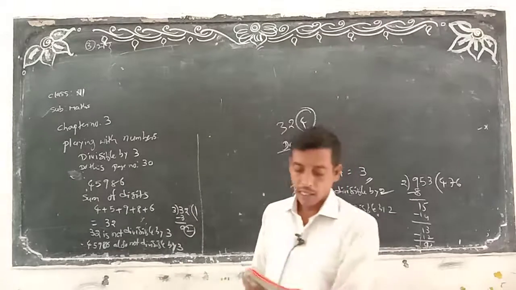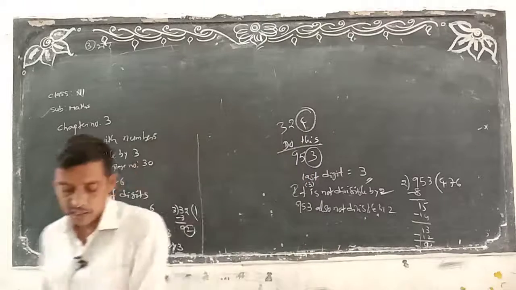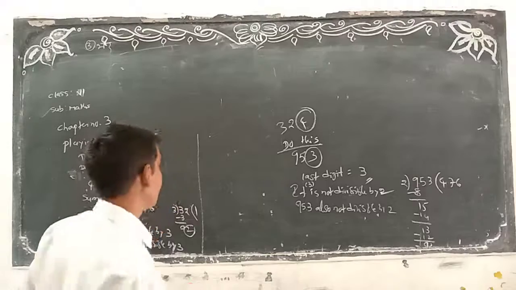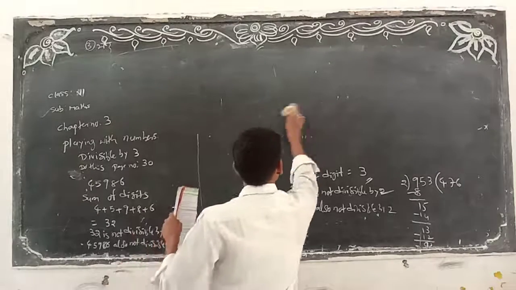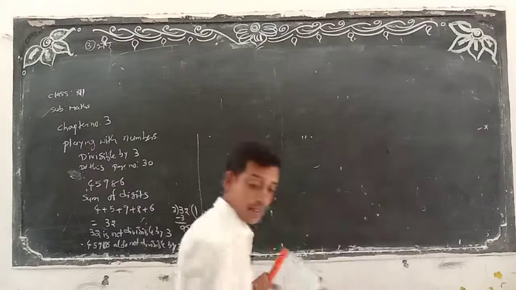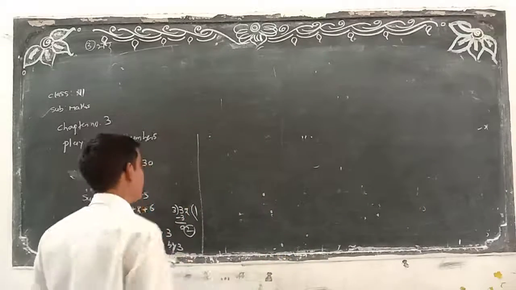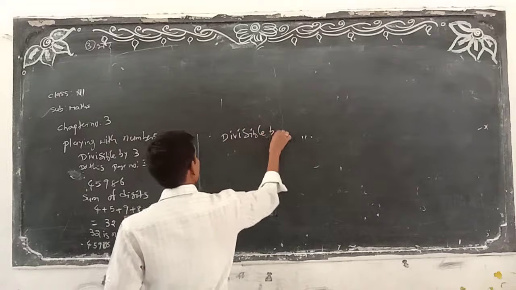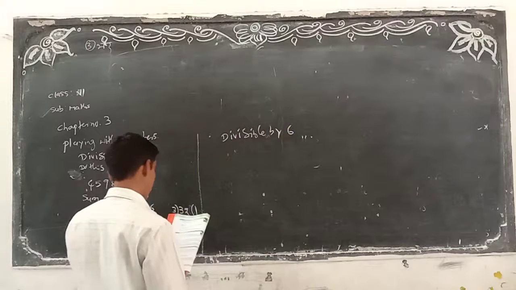Okay? Second one, divisible by 6. What is the condition of divisible by 6?